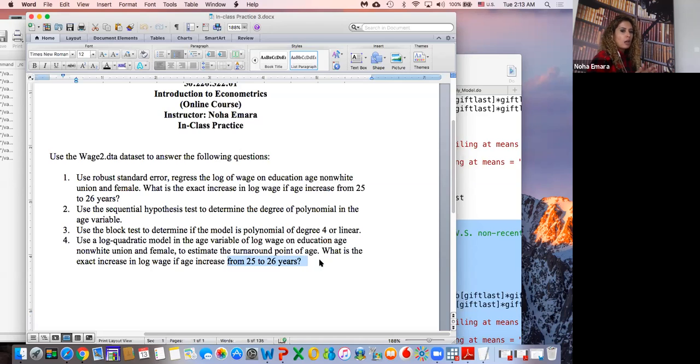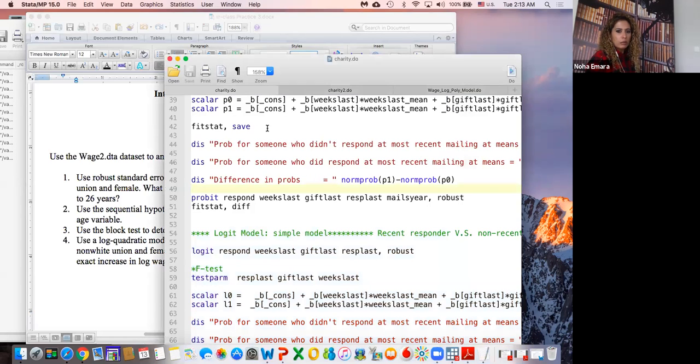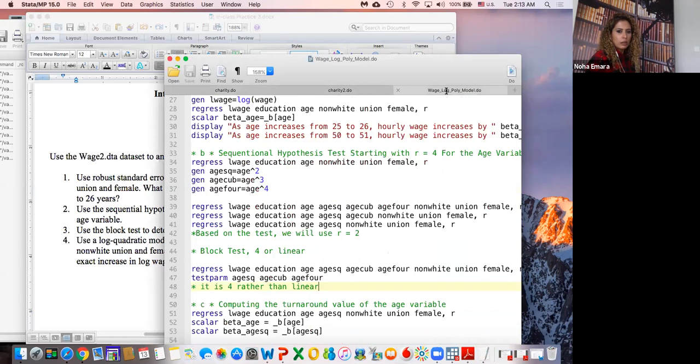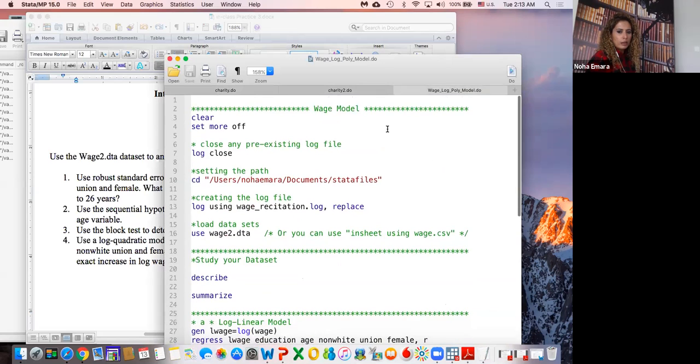Okay, so anytime I have a quadratic model, I have to make sure I see whether we are talking about an exact or approximate.